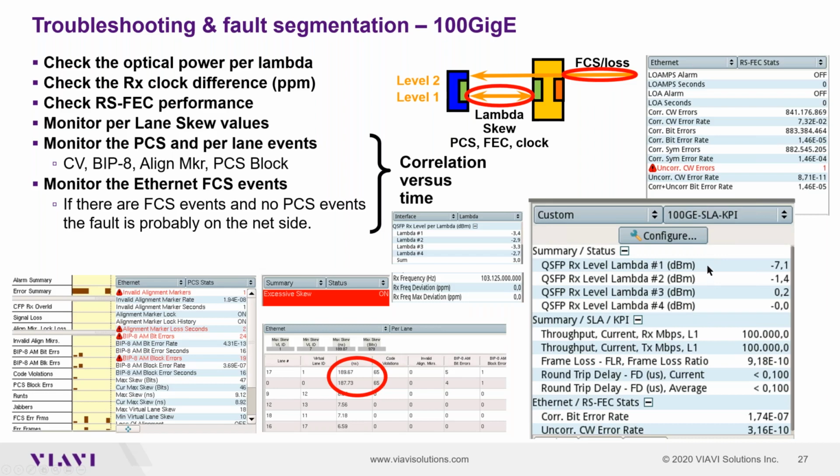This is the optical level received, how much I'm transmitting, how much I'm receiving, what is my error ratio rate, what is my correctable rate, what is my uncorrectable rate, to be sure that this interface now is correct and safe. I'm ready for operation to be connected to the real system port.